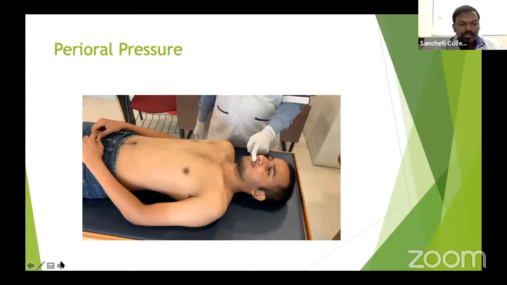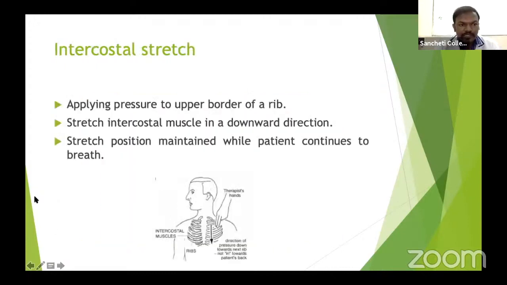Okay, now we have seen the first chest PNF technique. We are going to see the next chest PNF technique, that is the intercostal stretch. As the name suggests, it is the stretching of the intercostal muscles. So how can we apply this?